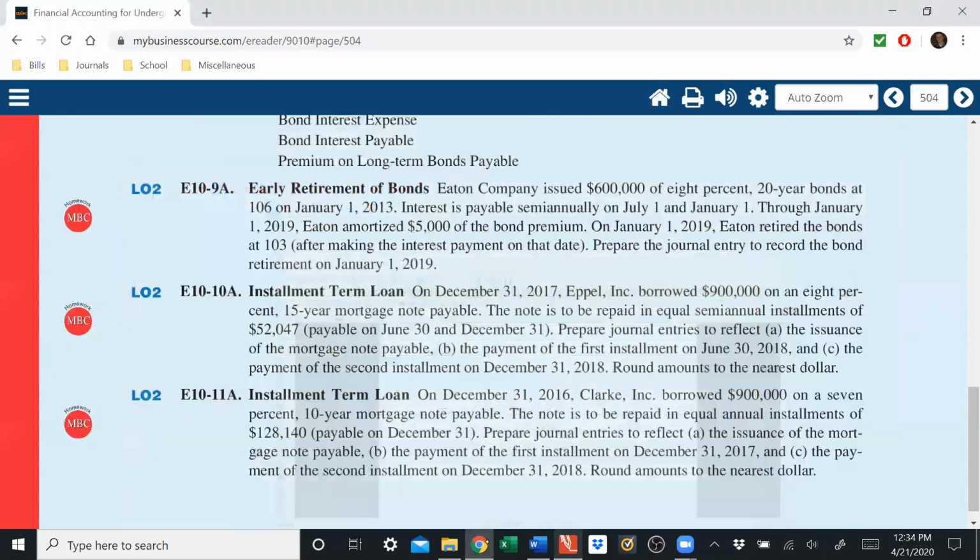And so what the borrower does is the borrower retires the bonds at 103. 103 of what? 103 of face value. So 6 years into the term, Eaton's going to pay 1.03 times $600,000 to the lender in exchange for the lender saying, you no longer owe me anything, right?